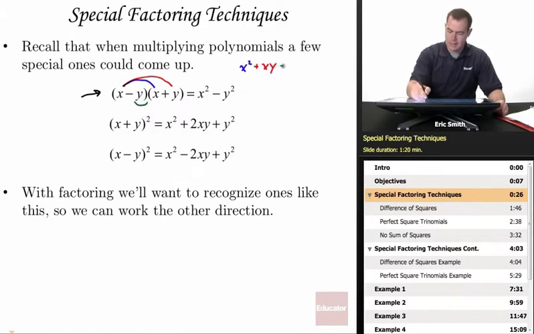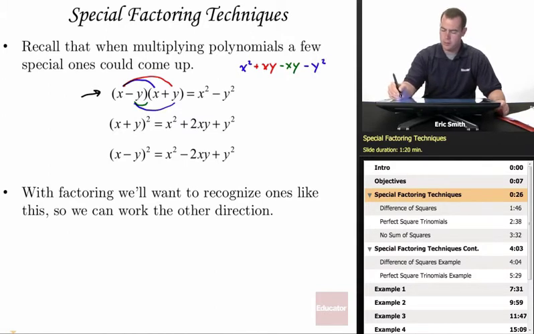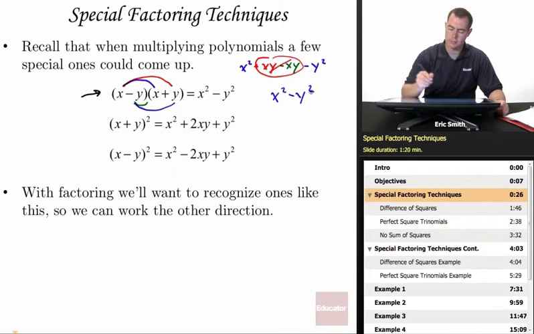Inside terms, negative xy. And last terms, negative y squared. So the only thing that really remains, since these two cancel each other out, are just the x squared and the minus y squared. In a few other situations, we might have had x plus y the whole thing squared, and x minus y the whole thing squared.